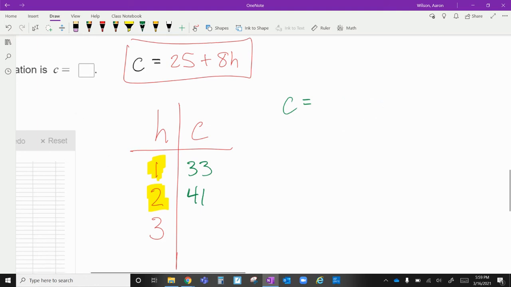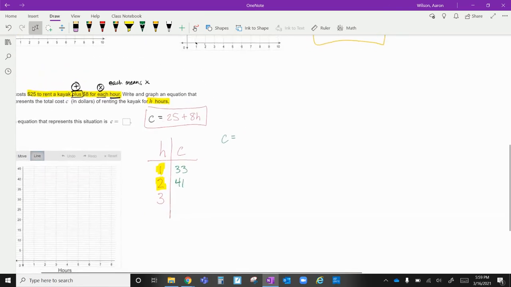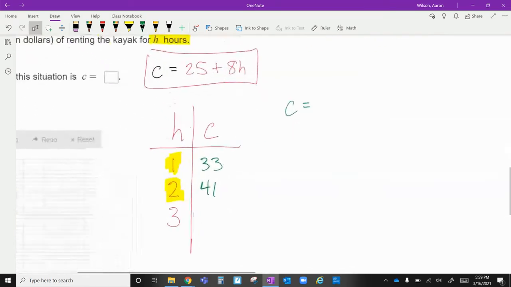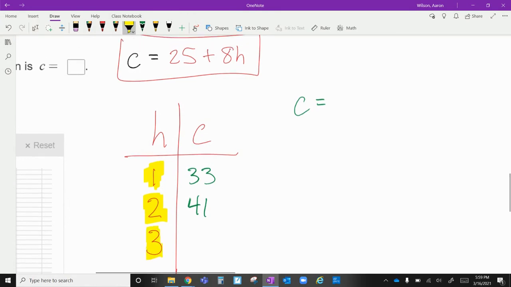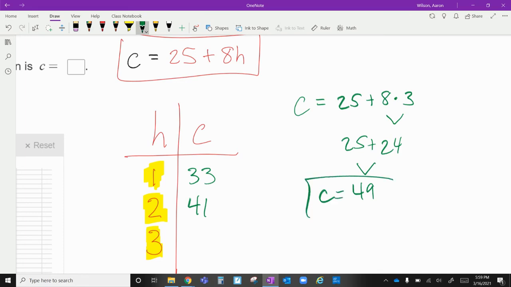We are going to rent our kayak for 3 hours this time. I'm going to highlight my 3 to show you I'm using the number 3 for our variable H. So it's going to be 25 plus 8 times 3. Well, 8 times 3 is 24. And of course, we have to add the fee of $25, and 25 plus 24 is 49. So the cost is going to be $49.